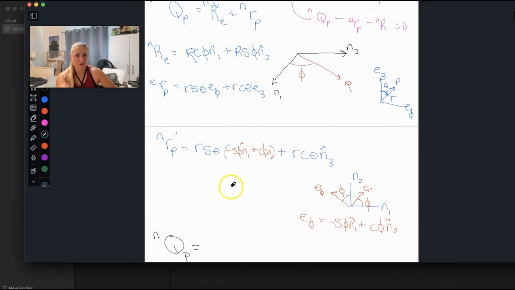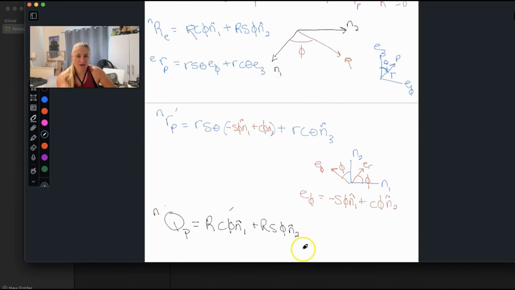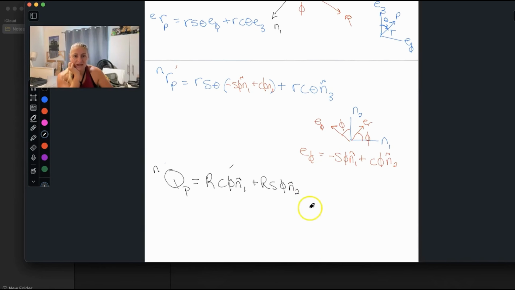It is going to equal R cosine phi N1 plus big R sine phi N2 minus R sine theta sine phi N1 plus R sine theta cosine phi N2 plus R cosine N3.